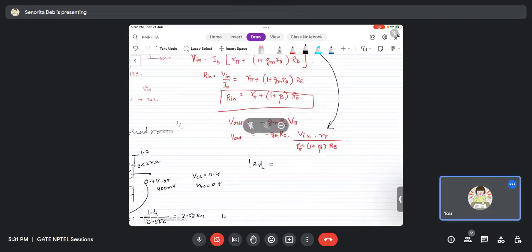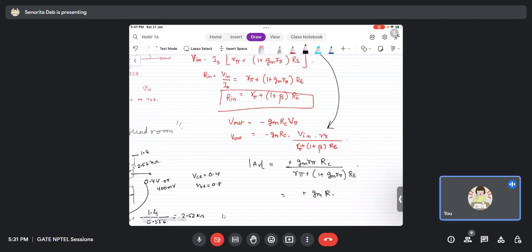What is AV? V out by V in. The minus sign will not be there since I have put a mod.